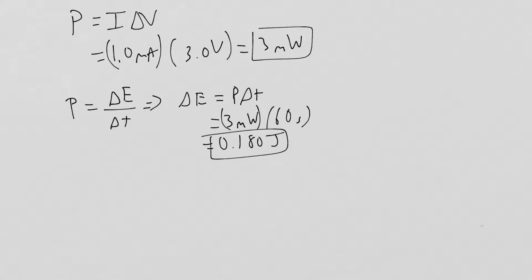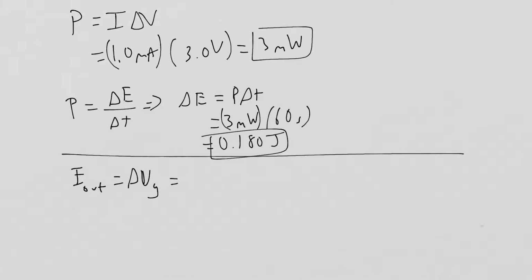So, our useful out energy is the energy of lifting that box, right? That's what the motor is trying to do. So our energy that's going out involves lifting a box. And we can calculate that as the delta U gravitational energy of the mass, right? Because it's at constant velocity.